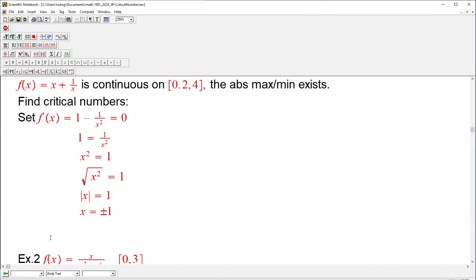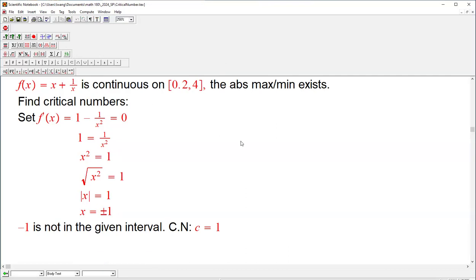But negative 1 is not in the given interval, and therefore the only critical number we have here is 1.